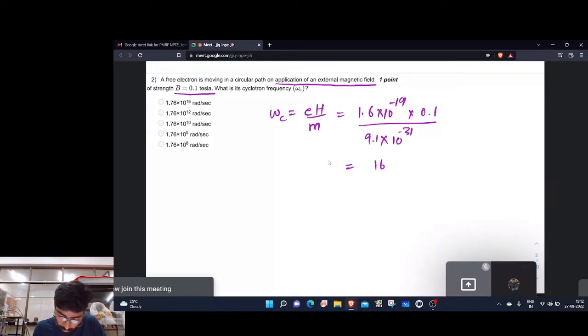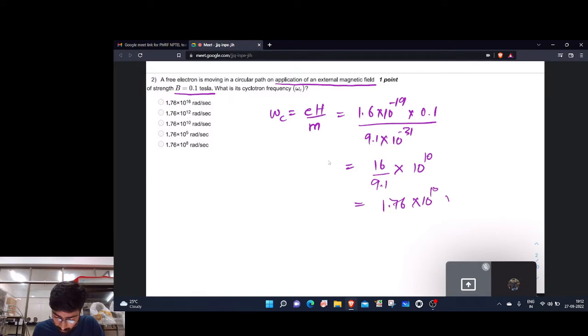So this would be 1.6 divided by 9.1 into 10 raised to the power minus 19 plus 31 minus 1, and 1.6 divided by 9.1 would be 1.76 into 10 raised to the power 10 radian per second.